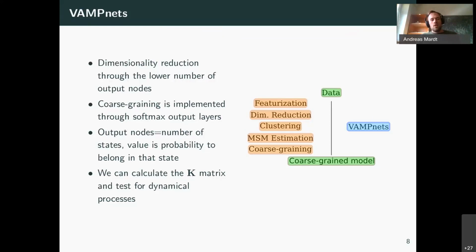Okay, so this is already all you need to understand VAMPNets. If you have no questions, then I will quickly go to results and show you how it actually works in a toy example.